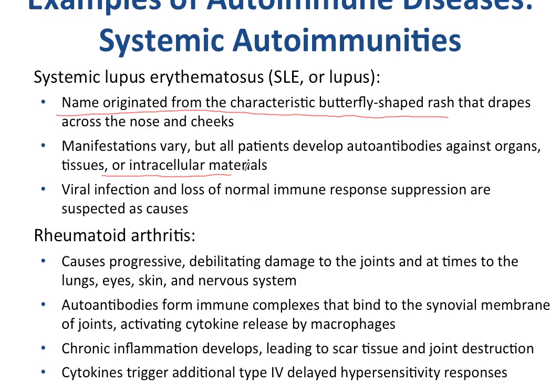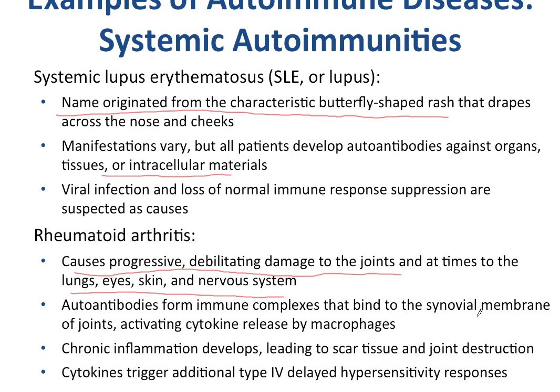Rheumatoid arthritis. The patient will have progressive, debilitating damage to the joints. The patient also has symptoms of the lungs, eyes, skin, and nervous system. Autoantibodies can form immune complexes and bind to the synovial membrane of the joints and cause the immune cells to initiate the attack.